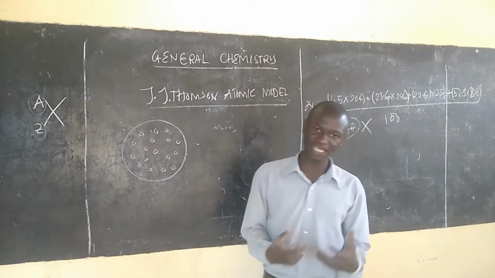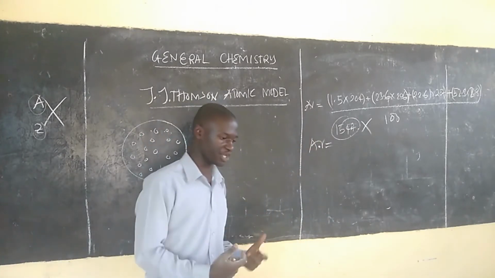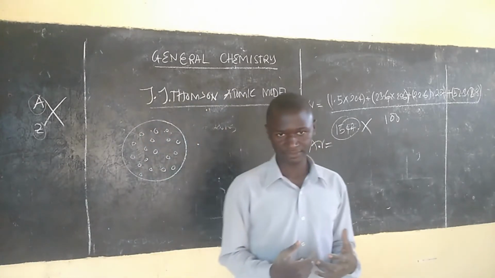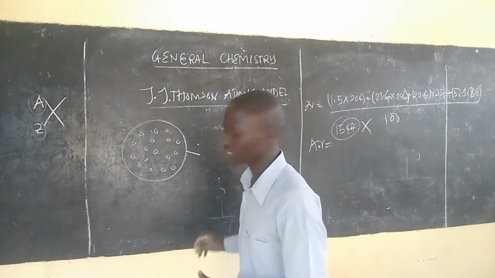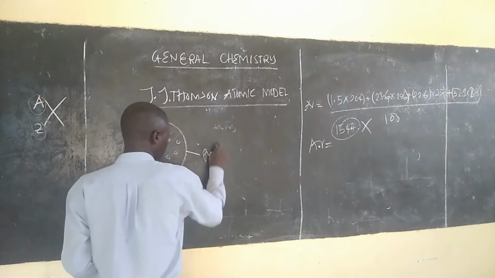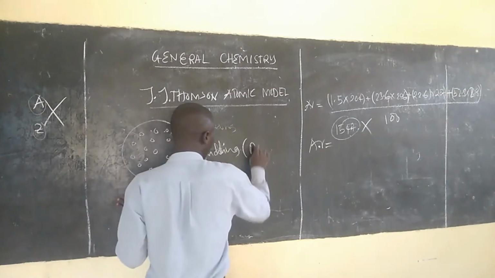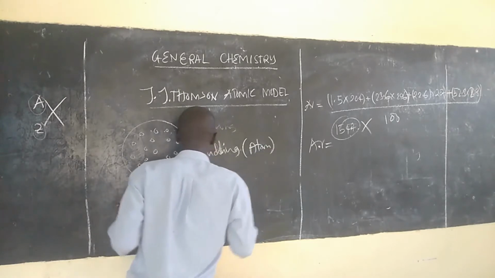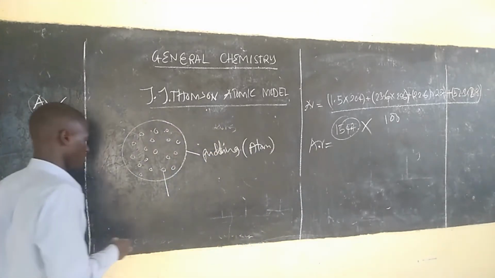So an atom can be regarded as the large positively charged sphere like padding. So this positively charged sphere, we call it as padding, which represents an atom in which electrons they are embedded.